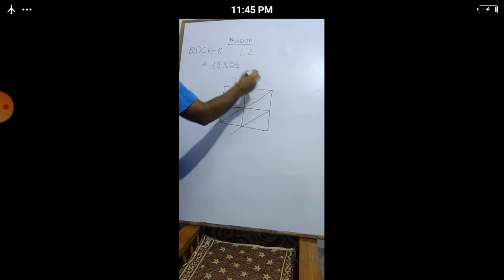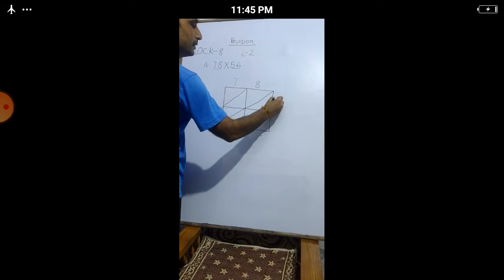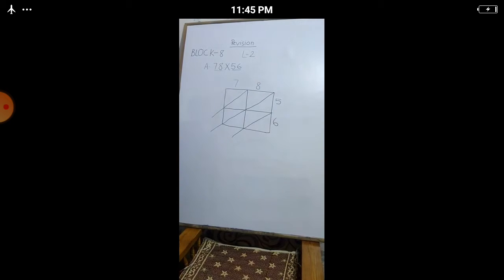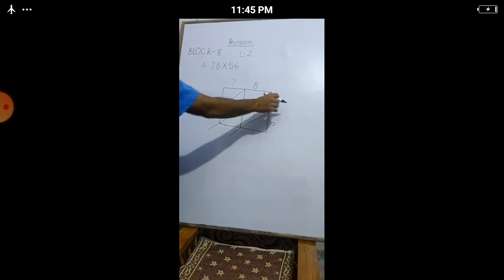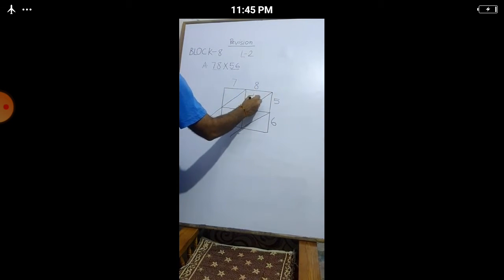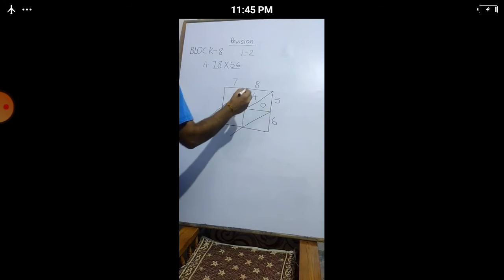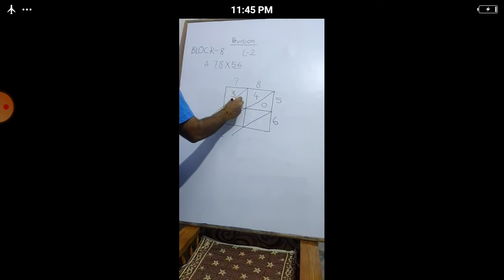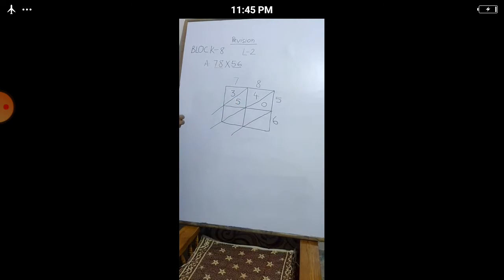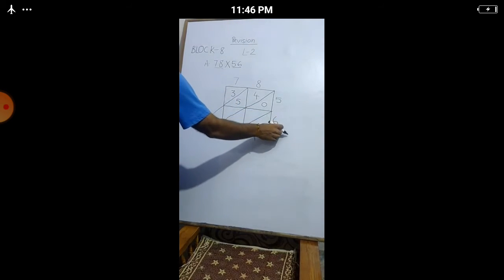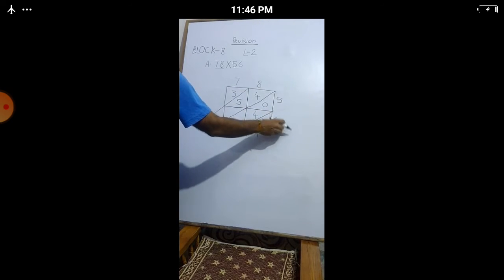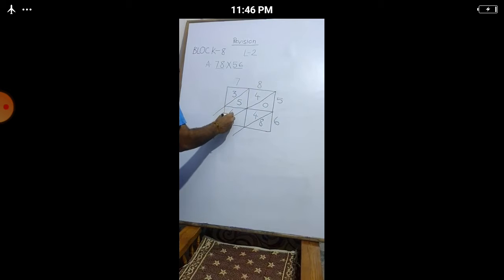This is 56, so 5, 6. Now children, I am going to multiply. 5 8s are 40, so 4, 0. 5 7s are 35, 3, 5. Now children, 6 8s are 48. And children, 6 7s are 42.